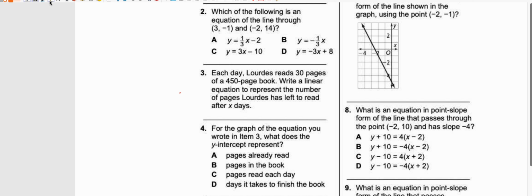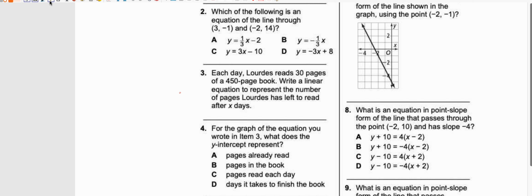Now that's going to be a lot of math because you've got to check both ordered pairs for each equation until you find it. And that's okay if that's the way you want to do it. Or we can use those 2 ordered pairs to find the slope, then use one of the ordered pairs to find the y-intercept, or use point slope form or something like that, and then solve for it. Whichever way works best for you is fine.